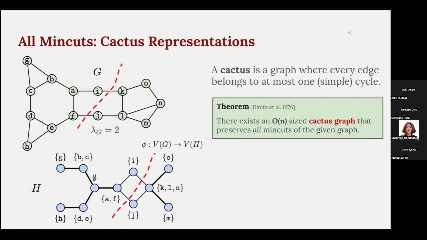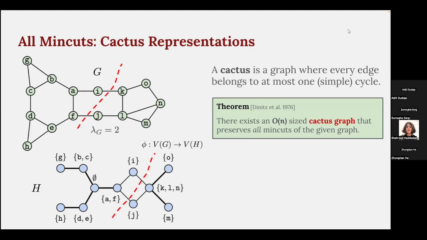In the cactus, an edge participating in a cycle has weight lambda over 2, where lambda is the Mincut of G, and the tree edges have weight lambda. So it preserves the Mincut.